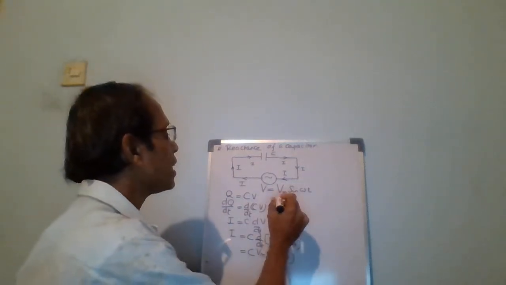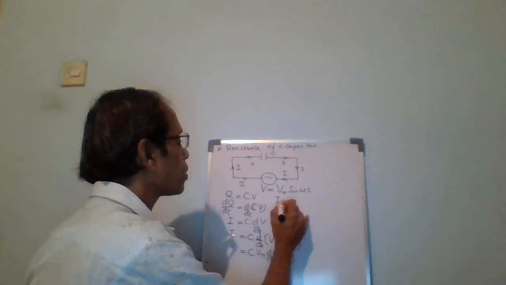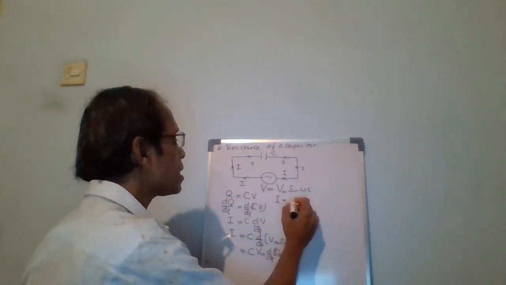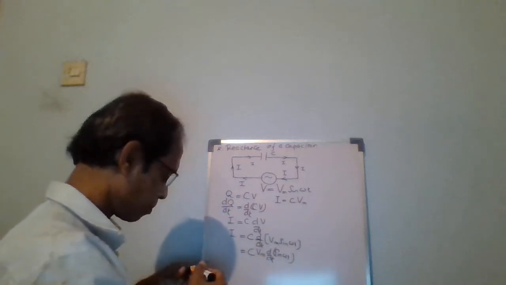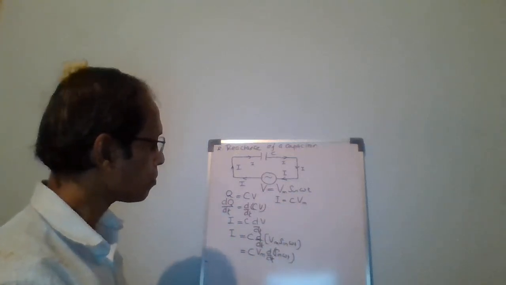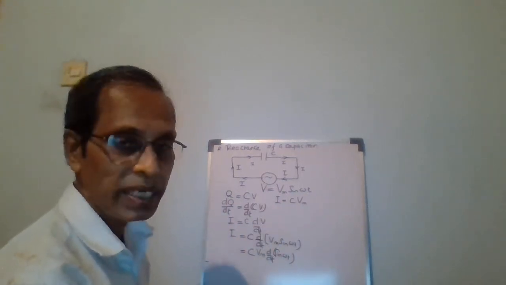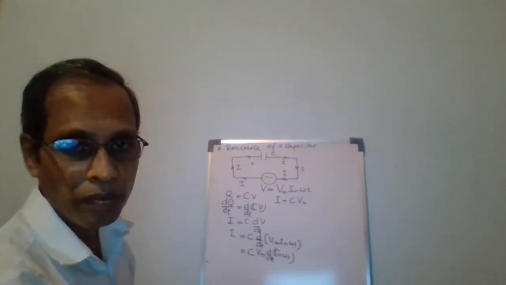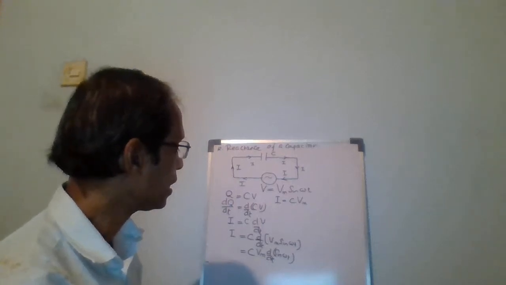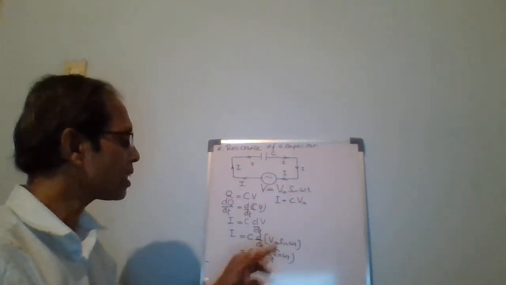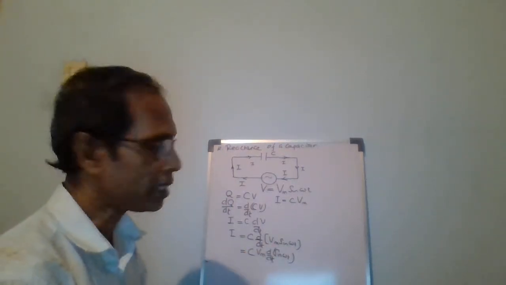Then we can write I is equal to C Vm times the derivative of sine omega t.